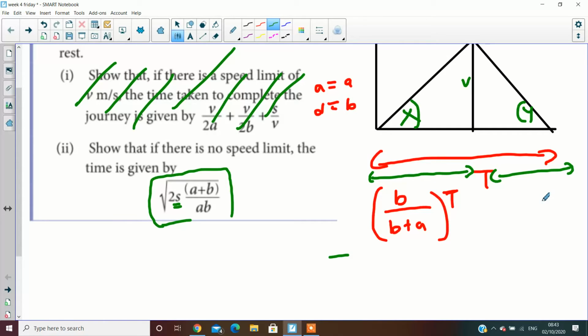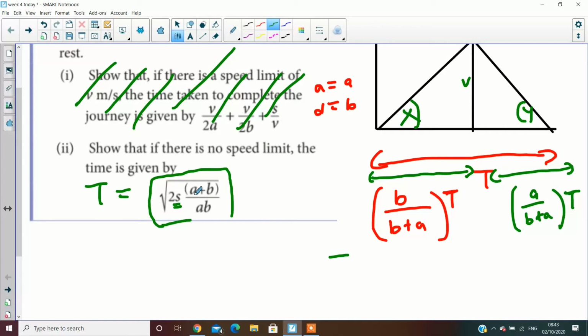Yeah, A over B plus A times t. Now, I need to get capital T on its own, and capital T has to equal all this. Is that right? Total time taken has to equal all that chunk on the right.